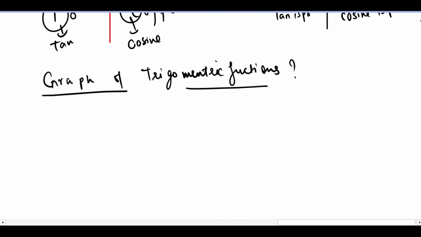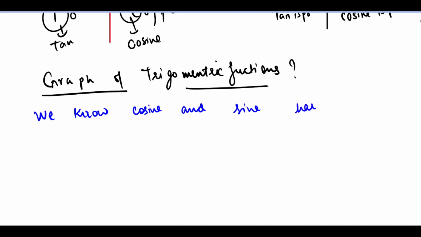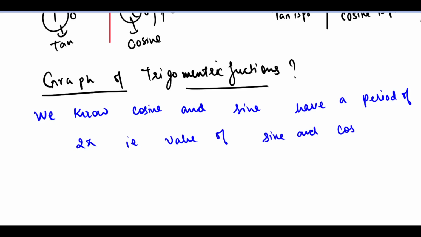So we know cosine and sine have a period of 2 pi, that is, the values of sine and cosine repeat after an interval of 2 pi.